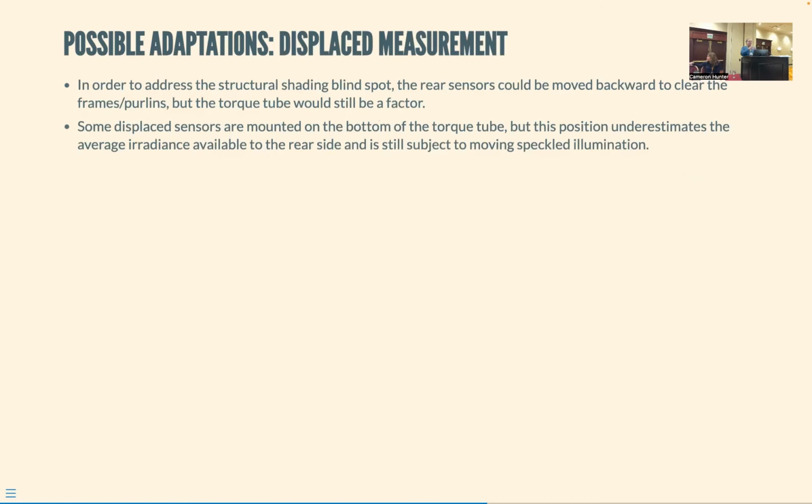Okay, so let's go back to the sensor idea, and instead of putting it in the plane of the laminate, let's push it away from the plane of the laminate. Let's get it away from that purlin interference. Now we'll be measuring something that isn't affected by that aspect of the shading, but it'll still be affected by the torque tube. It'll still be affected by the rest of that uneven irradiance that you're seeing moving across the bottom, which would be okay if you were trying to do an evaluation over a long period.